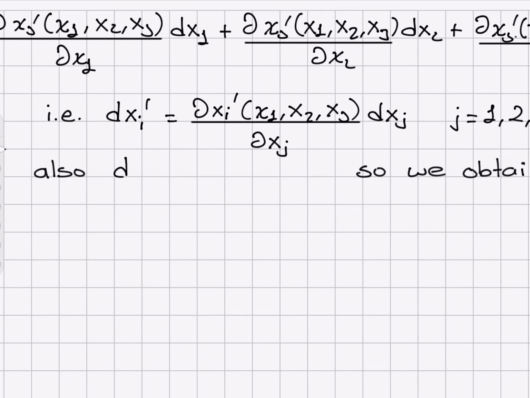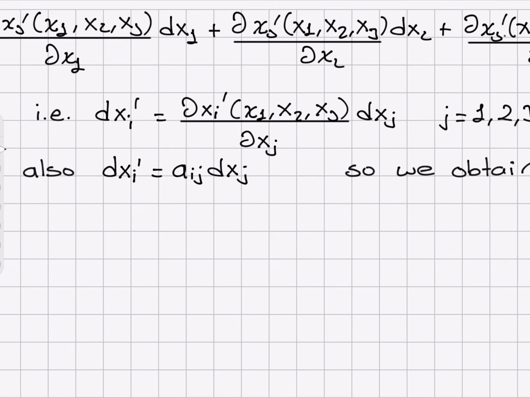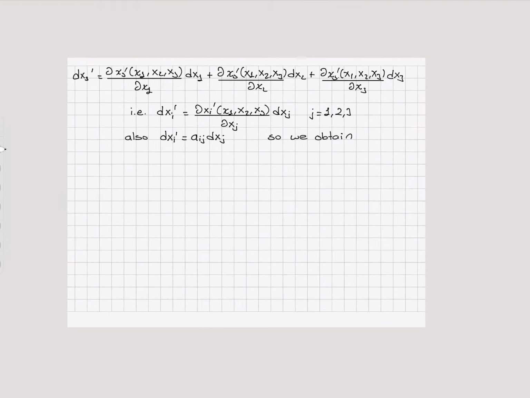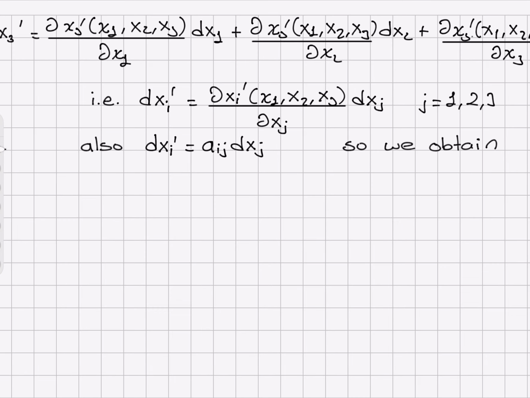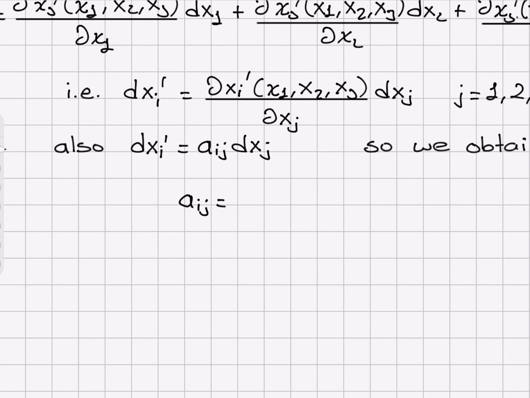Now, the components in the primed system are related to the components in the unprimed system by aij dxj. So we already know this. Therefore, if dxi prime is aij dxj and it's also equal to del xi prime del xj dxj, this is recognized as the matrix element aij.